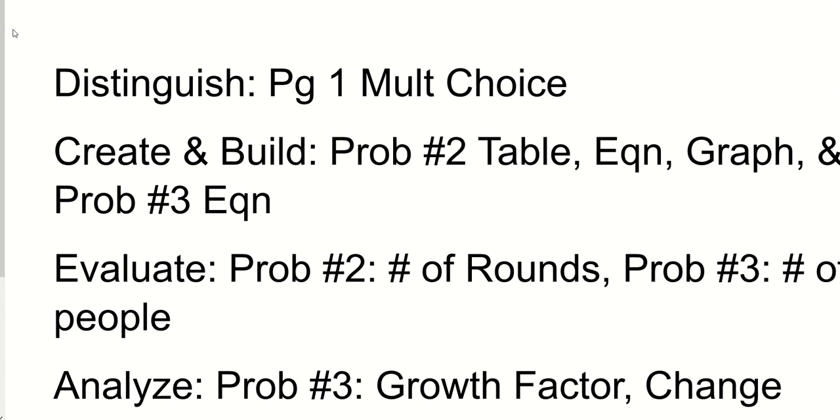The evaluate was the number of rounds from problem 2 and the number of people from problem 3, as those are the things you had to solve. And your analyze came from problem 3, part B, the growth factor, and part B, change 90%, what would change in equation from A. So those are the 4 parts, 4 competencies, and what each one was made up of.